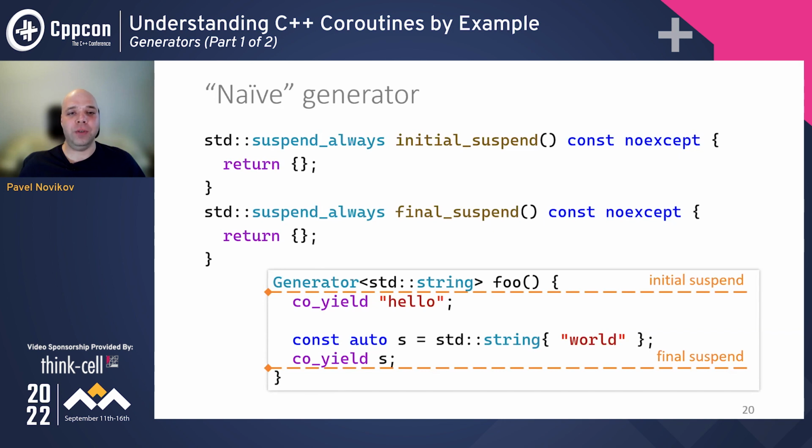For example, in case of exception, we want to get access to that stored exception. And for that reason, we want to always suspend at the final suspend point. And yes, in our example, initial suspend and final suspend tell the backend that we want to suspend at the initial suspend point and final suspend point.